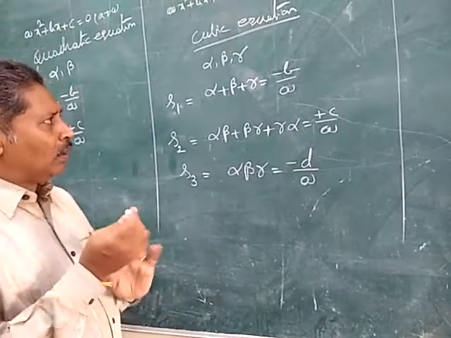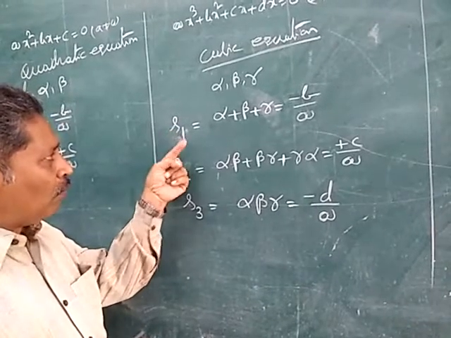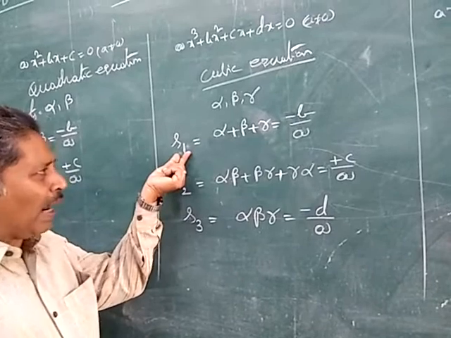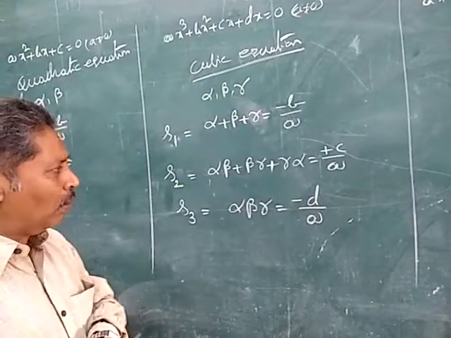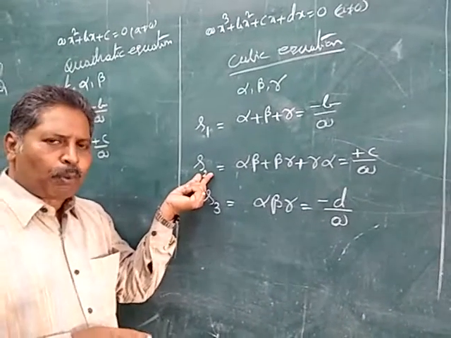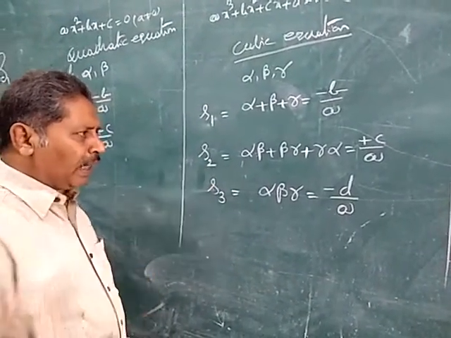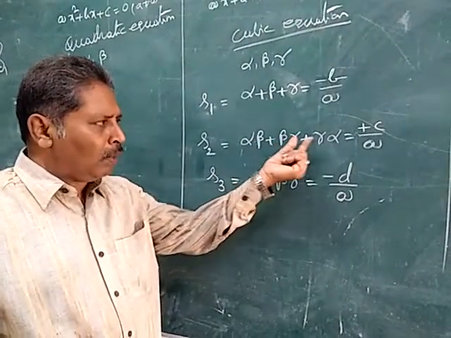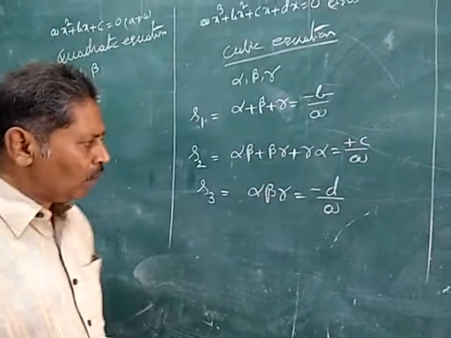Remember, listen again. S1 means the sum of the roots taken one at a time, that is alpha plus beta plus gamma. S2 means the sum of the product of the two roots taken at a time, that is alpha beta plus beta gamma plus gamma alpha equal to plus c by a.